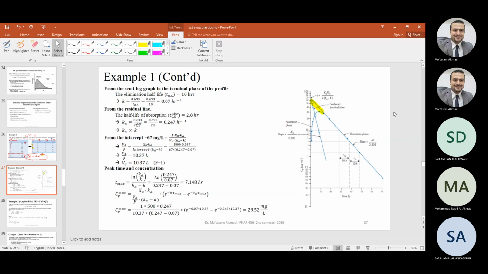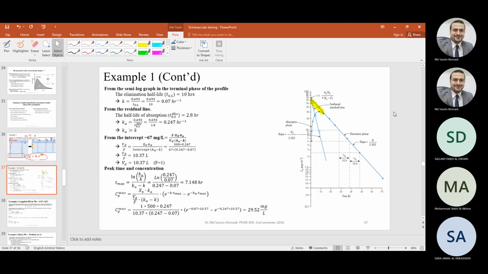That will give me the elimination half-life, right? Because the terminal phase is relevant to the elimination in our case, because we have normal kinetics. So the elimination half-life is 10 hours, which means that K is equal to 0.693 divided by the half-life, divided by 10. That will give us a K of 0.07, right?